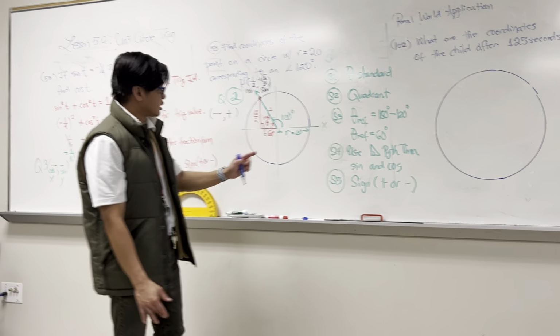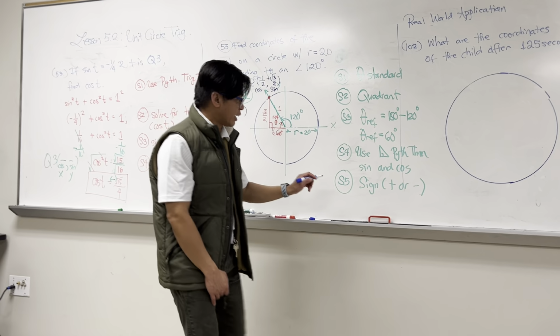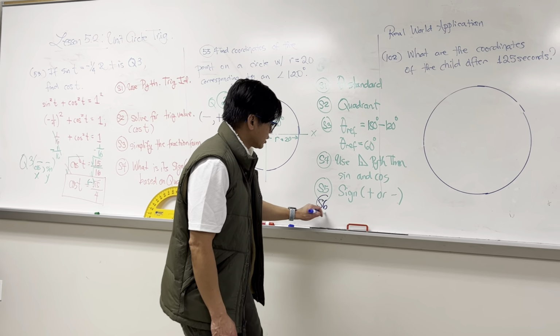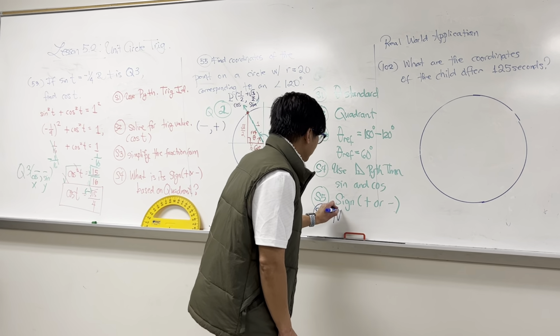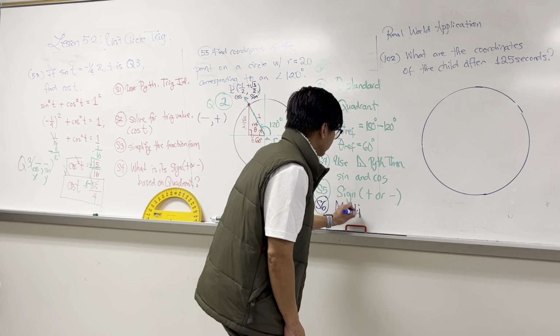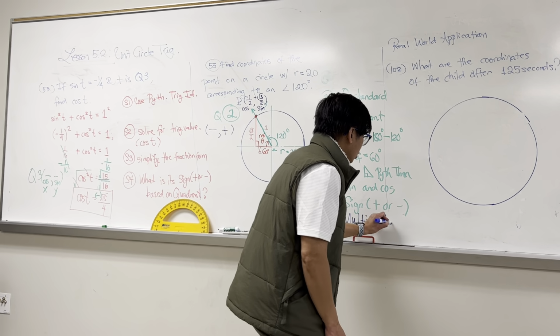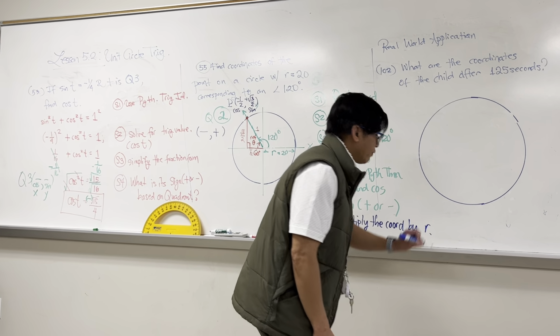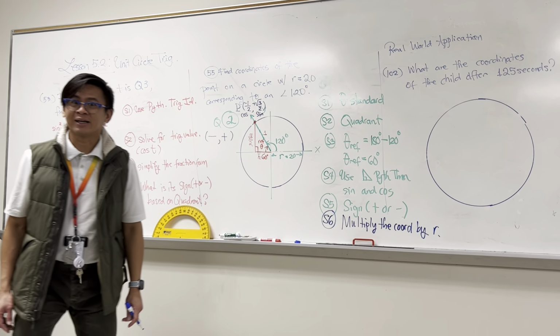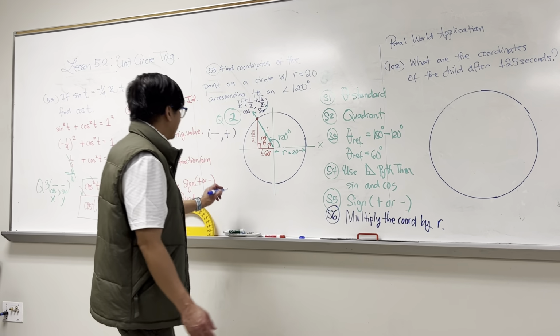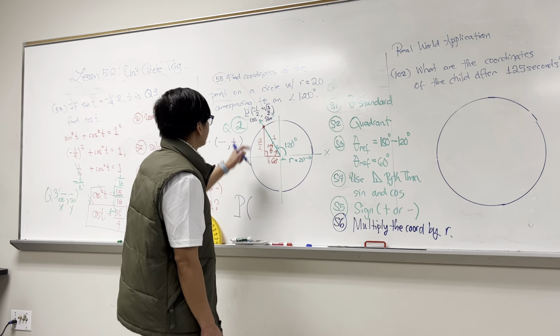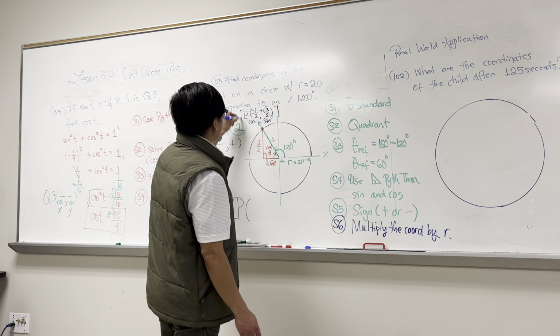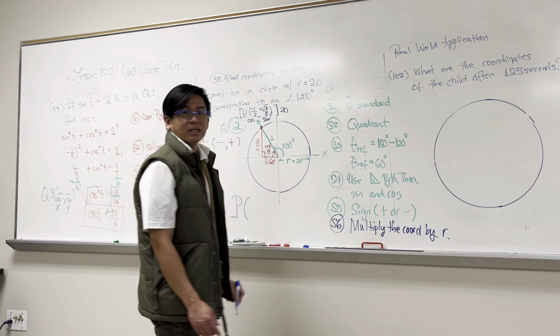But since the radius is 20, I'm going to add in here step number 6: multiply the coordinates by whatever your radius is. Okay, guys. So in short, what's the final answer for P? Multiply everything by 20 as your radius.